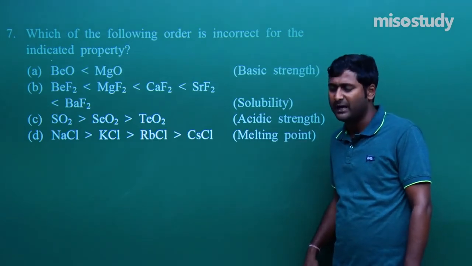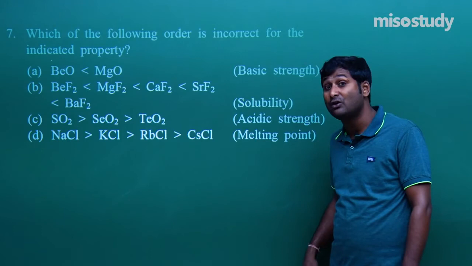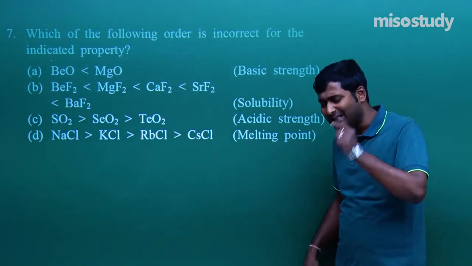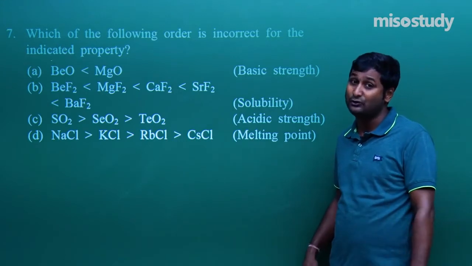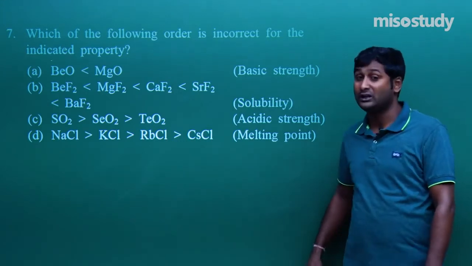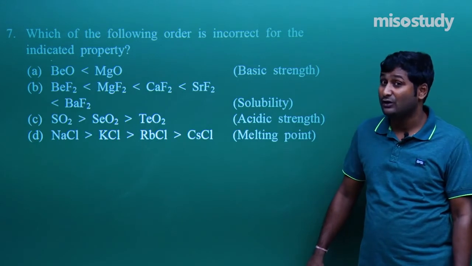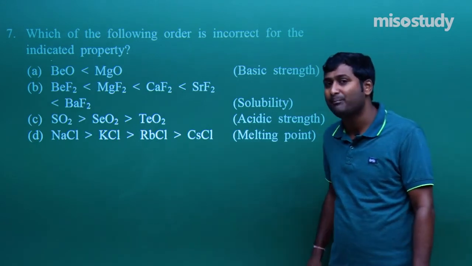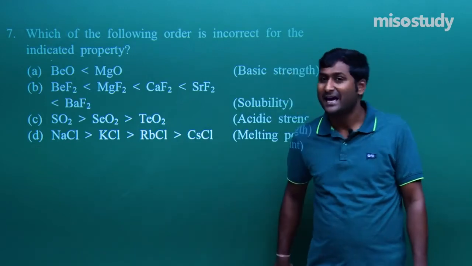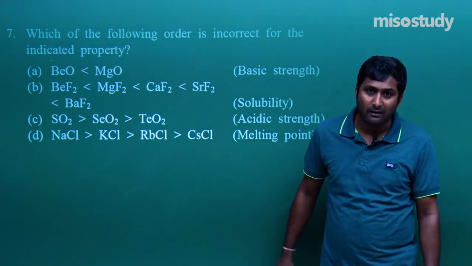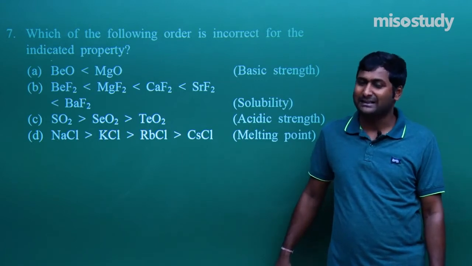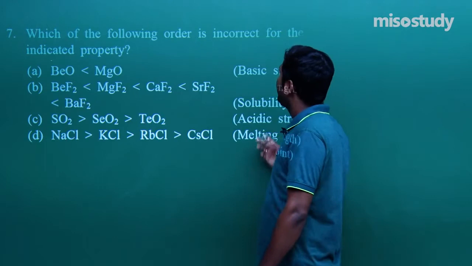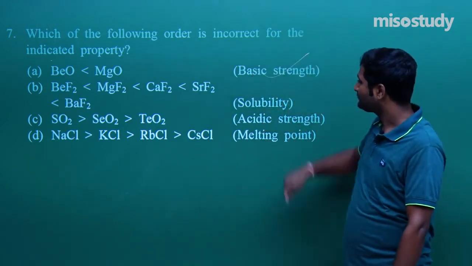So if we compare BeO and MgO, BeO has less basic character in comparison to MgO. One more thing I am going to mention here, BeO is neither acidic nor completely basic. It is amphoteric in nature. That is, it can act as an acid or as a base according to the situation. So the first option is correct.